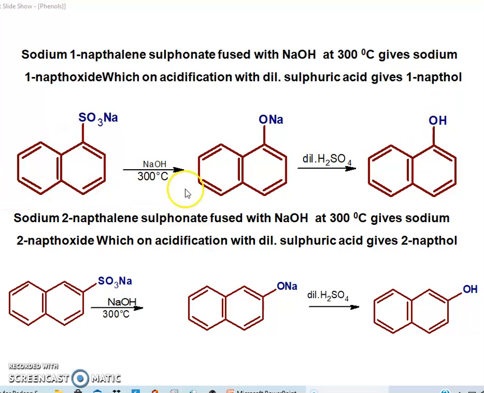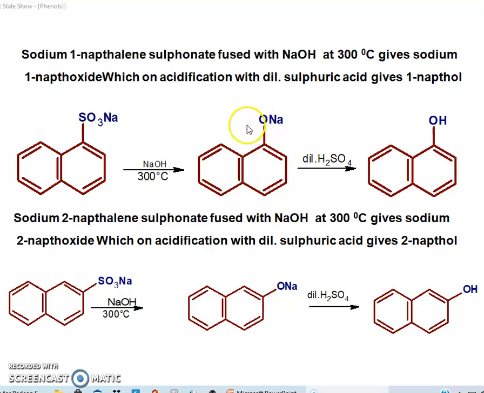But how can the reaction proceed? In the first step, what happens? The sodium 1-naphthalene sulfonate is fused with sodium hydroxide to get sodium 1-naphthoxide.